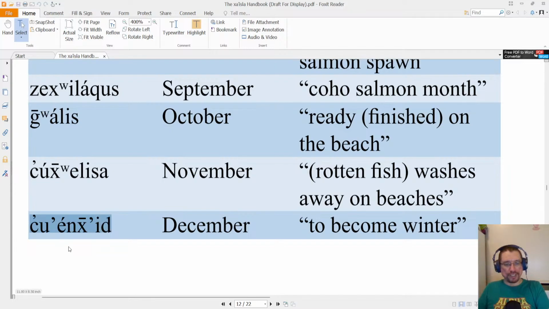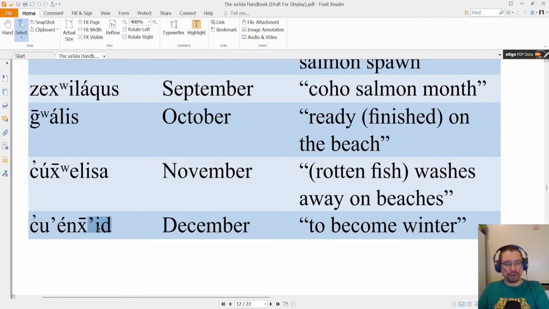And the last one is xa'isla. That is, of course, December, and it means to become winter. So xa'isla is winter, and they have an apostrophe here, and an I and a D. So this I gets retracted by the apostrophe.